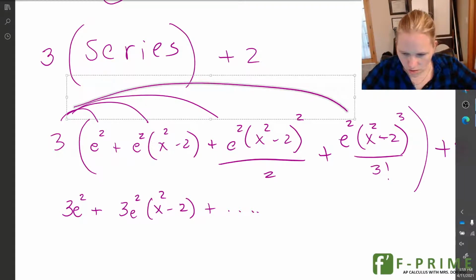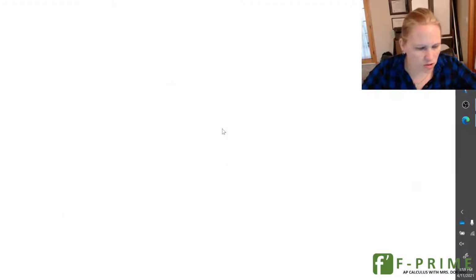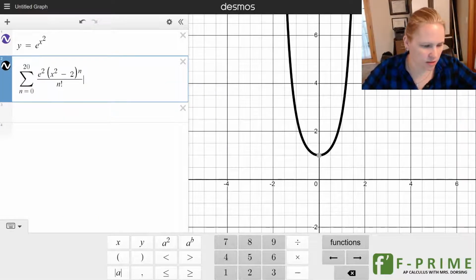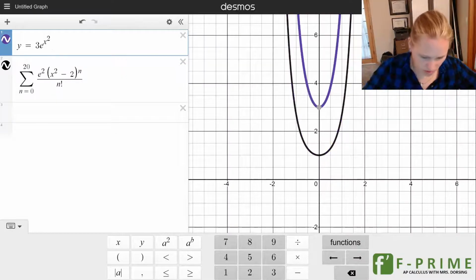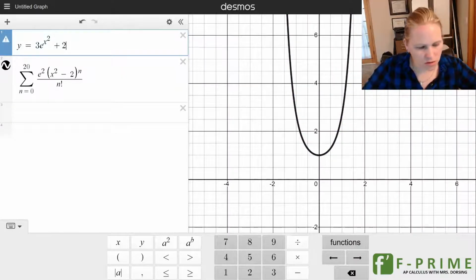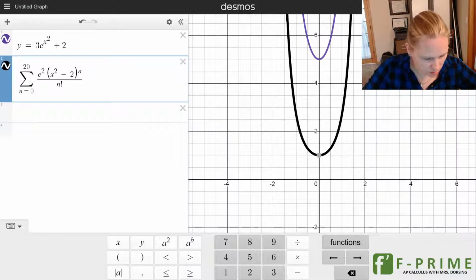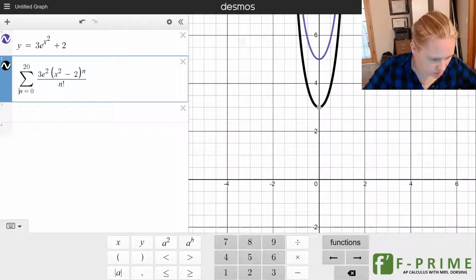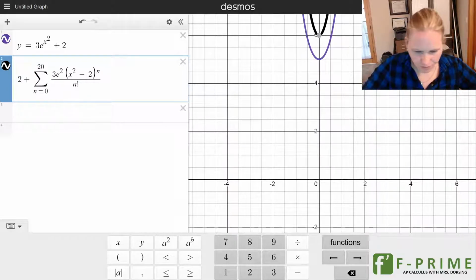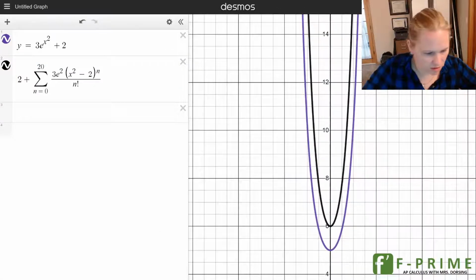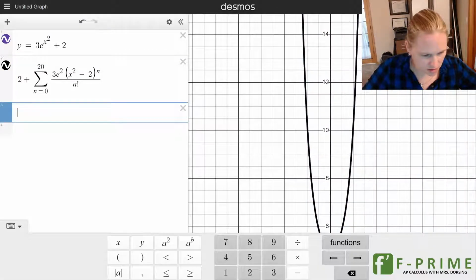And just as one final little demonstration of the power of what's happening here, if I did happen to change my function to 3e to the x squared plus 2, you can see that if I just stick a 3 here, boom, and then I'm just going to add my 2 on, we'll see our series does in fact converge.